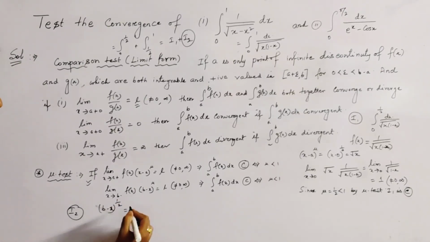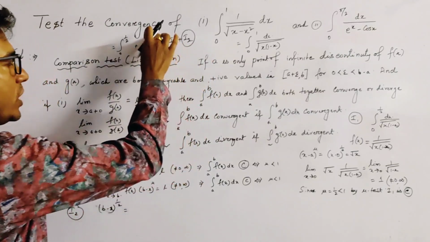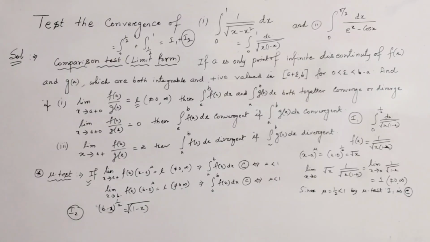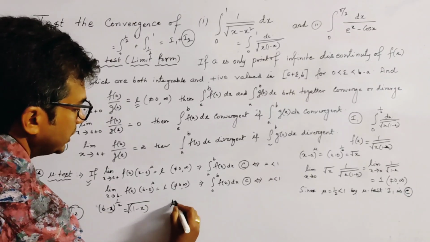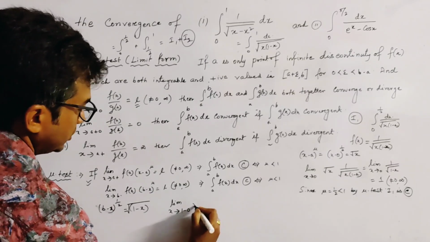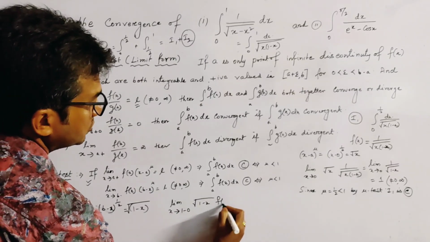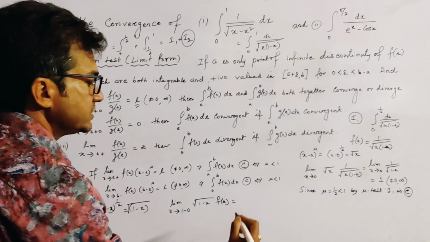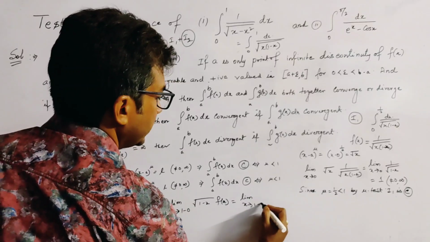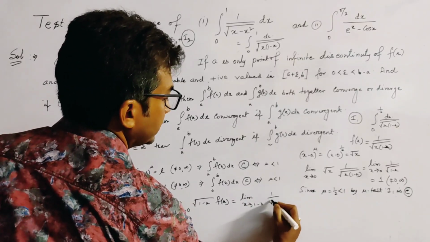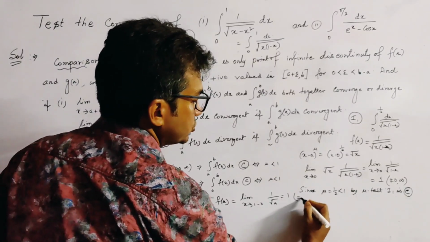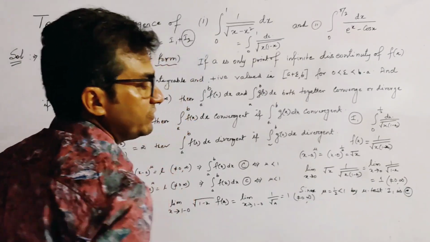Here b means 1, that is root of 1 minus x, and now the limit as x tends to 1 minus 0 of root 1 minus x into f x is given by the limit as x tends to 1 minus 0 of 1 by root x, which is also 1. So this limit is also not equal to 0 and not equal to infinity.